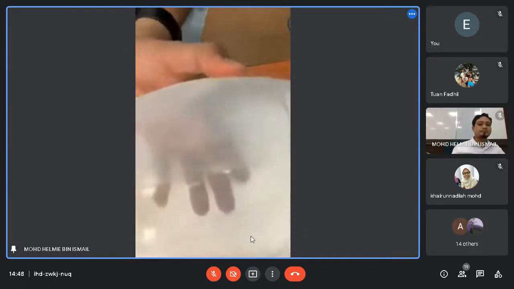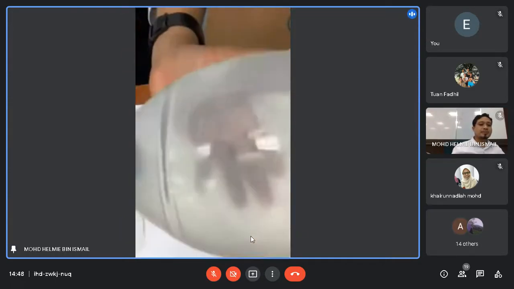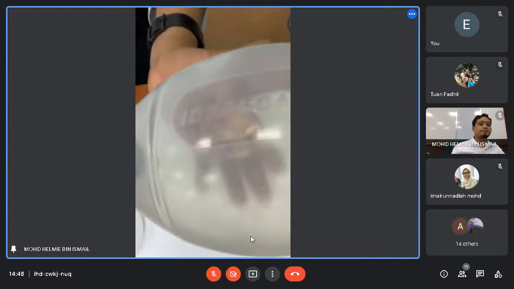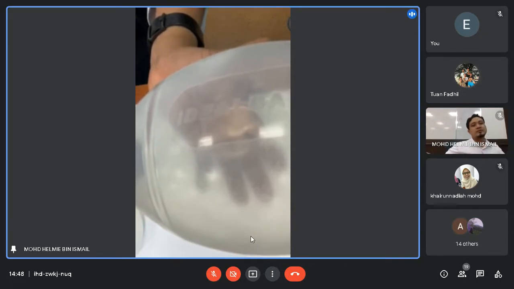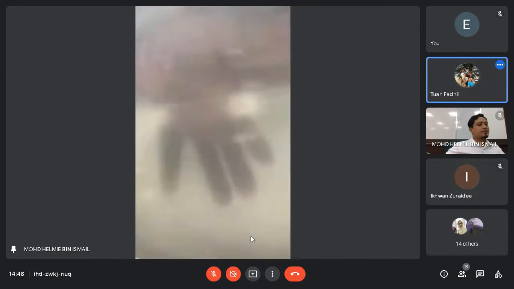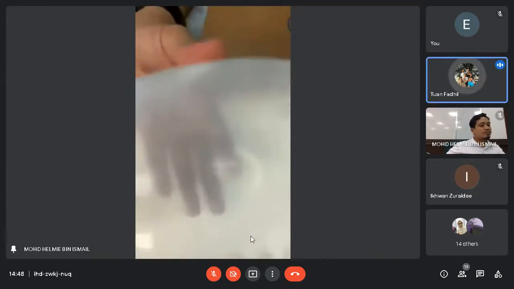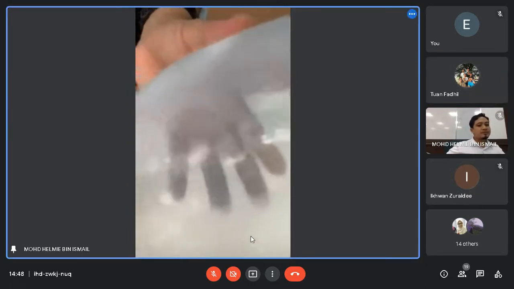Berapa punya volume maximum? 15 ke tak? Room air kan? Bukan, volume. 15 liter? Volume dalam ni.